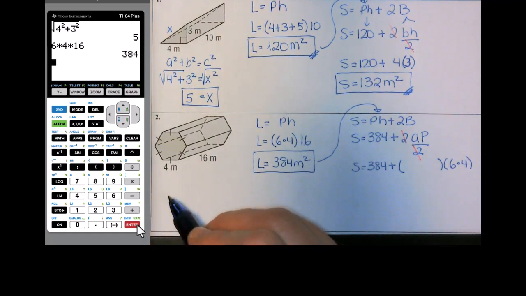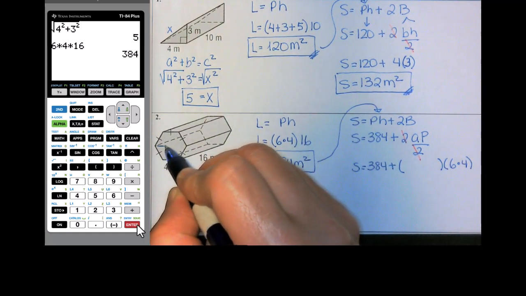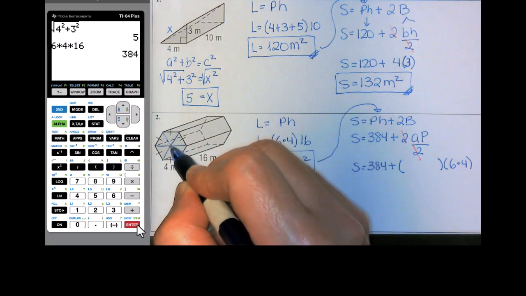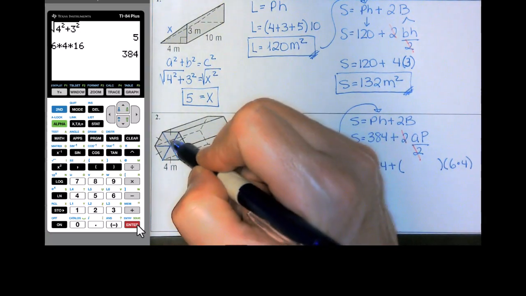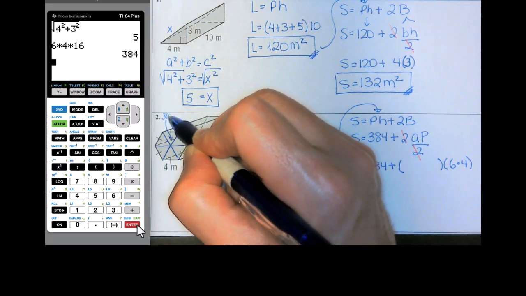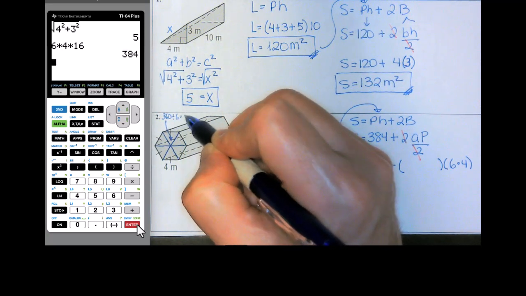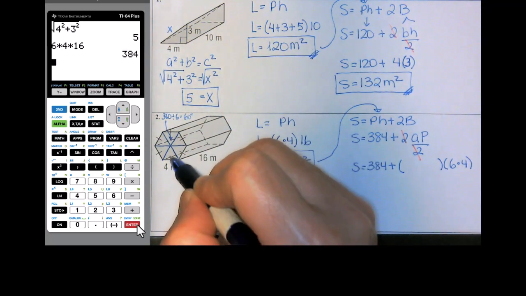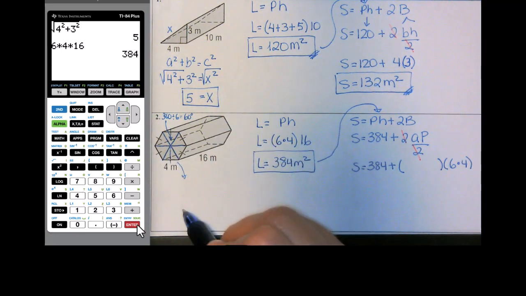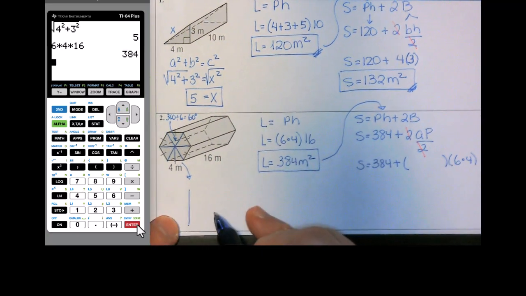Okay, so please remember, if we were to divide this into triangles, we will know that this angle right here is 360 divided by 6 angles, which is 60 degrees. If I draw the apothem there, and let me make a bigger picture so it's easier to see.